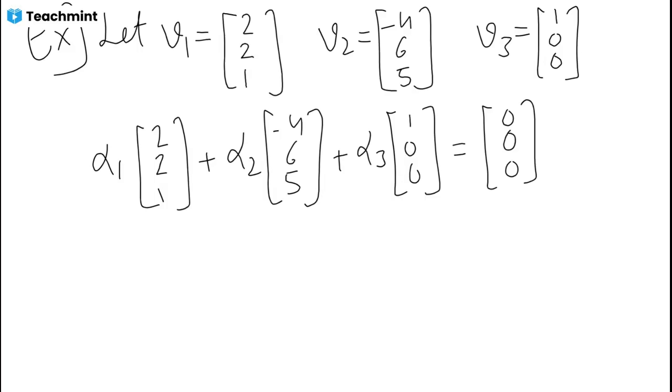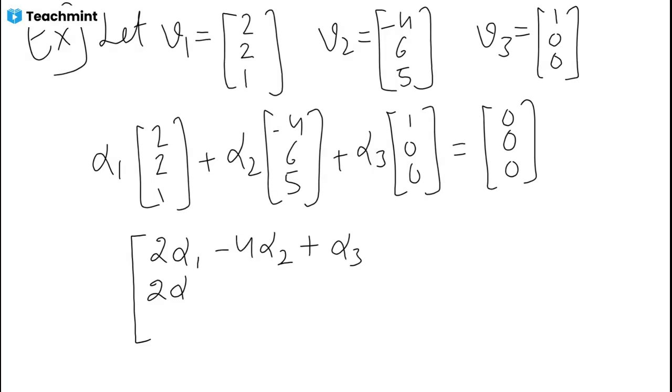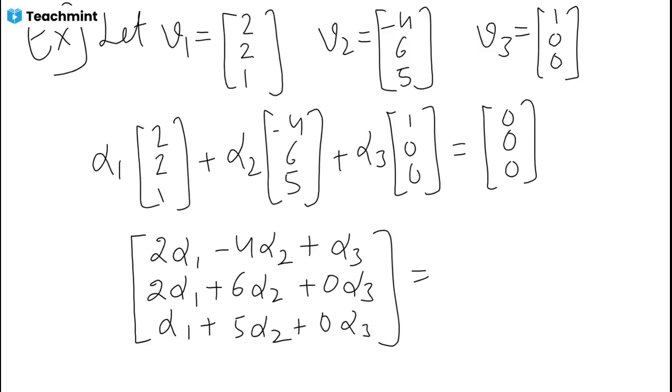Now let us form the linear combination: 2 alpha 1 minus 4 alpha 2 plus alpha 3, 2 alpha 1 plus 6 alpha 2 plus 0 alpha 3, and alpha 1 plus 5 alpha 2 plus 0 alpha 3 is equal to (0, 0, 0), the null vector.